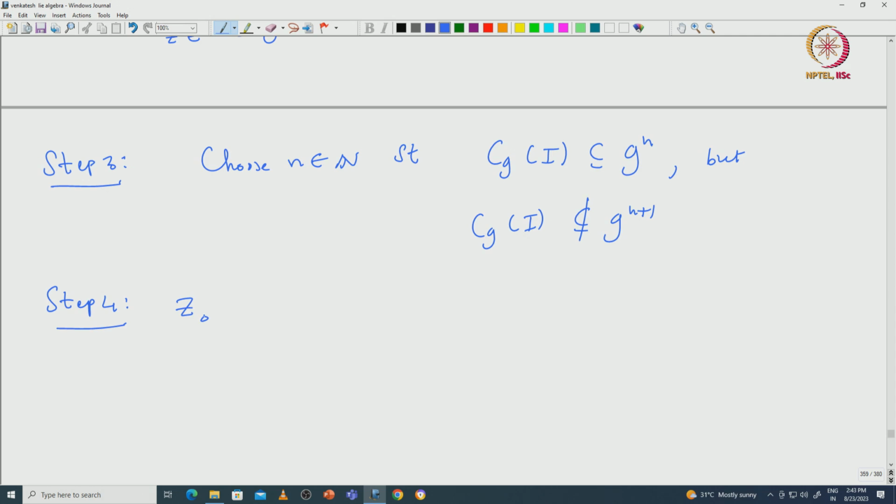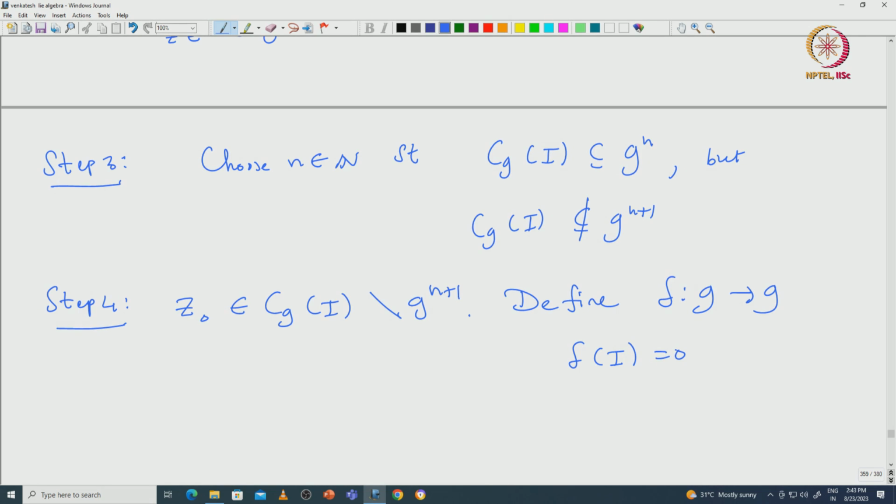we take z naught which is inside this C G of I, but not in this G power n plus 1. Okay. Then using this z naught, I am going to define a map delta from G to G. So, how is delta defined? You take delta of I to be 0 and then delta of x to be this z naught, and extend it linearly.